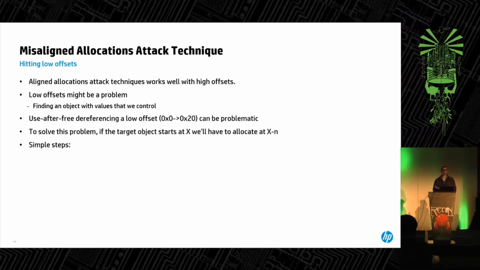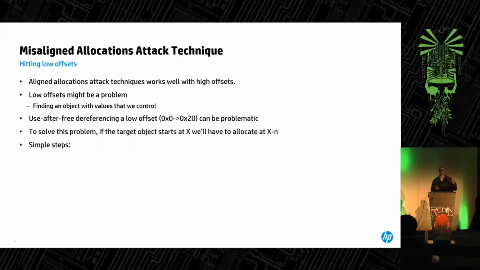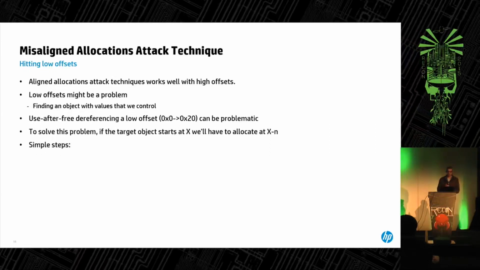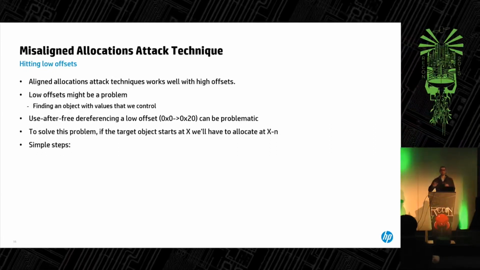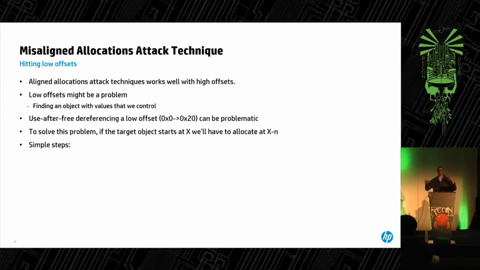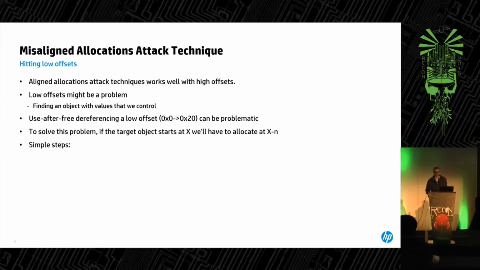So basically, the idea is if we have an object that's allocated at, let's say, address X, then we probably have to start allocations at X minus N. Then we're going to have one of the objects at X minus N being misaligned against the original object, and then we're going to trigger a use, and we're going to have an offset being dereferenced from the misaligned object.